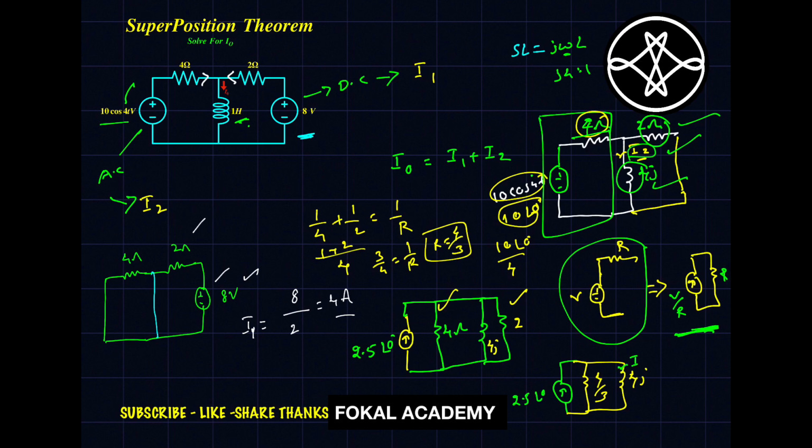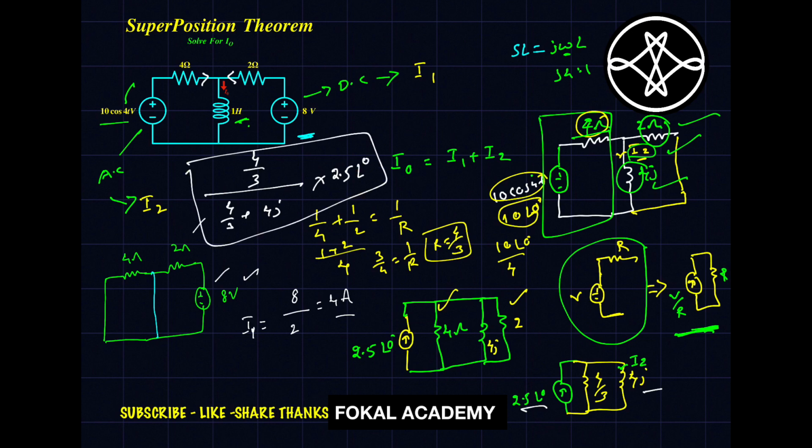Now we can easily find current I2 by applying current division. In this inductor I want the current, so take the other branch impedance, 4 by 3, divided by the overall impedance, 4 by 3 plus the impedance of the inductor, 4j, times the source current, 2.5 with phase angle 0.